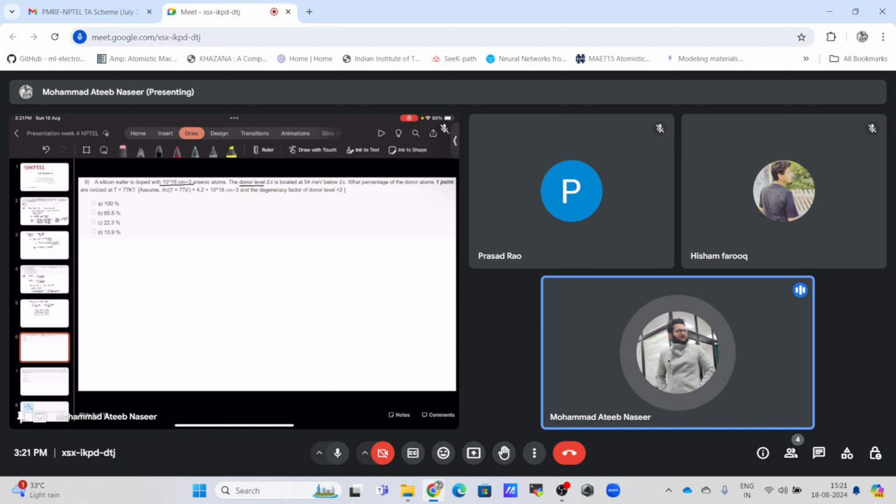Whenever an electron is free, it tries to move through, let's say, a silicon MOSFET, from source to drain.